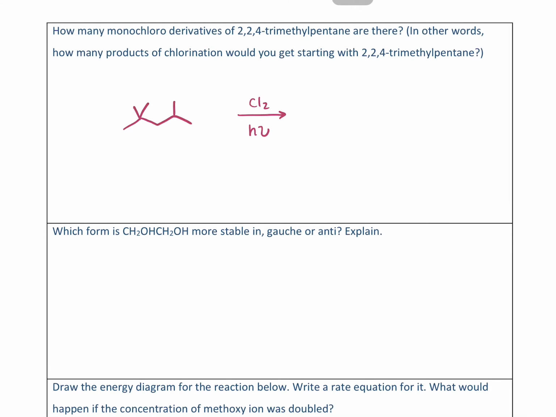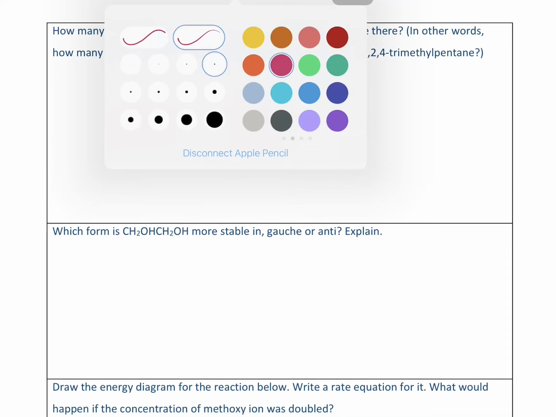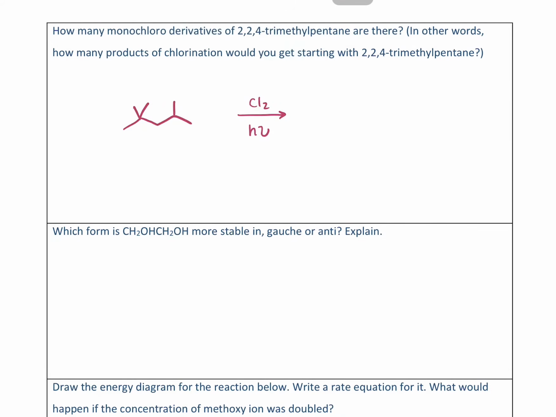So the thing about chlorination using hν or light is that no carbon gets priority over the other carbons, unlike bromination. So you can add the chlorine anywhere on this molecule. So here you can add it there. I use this arrow technique.